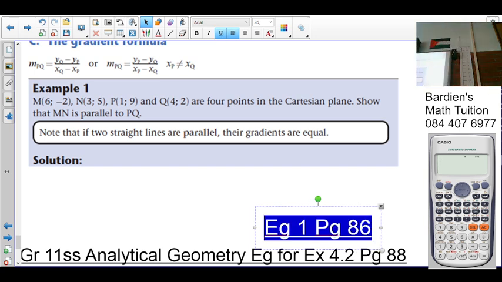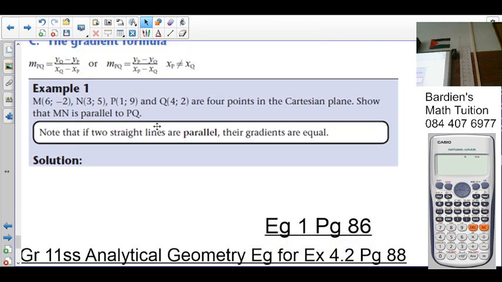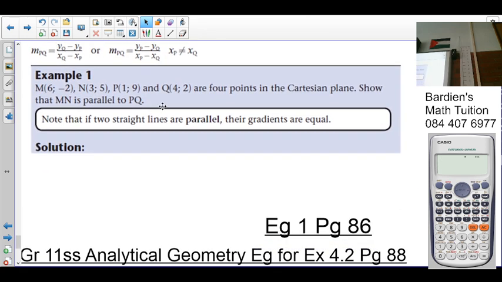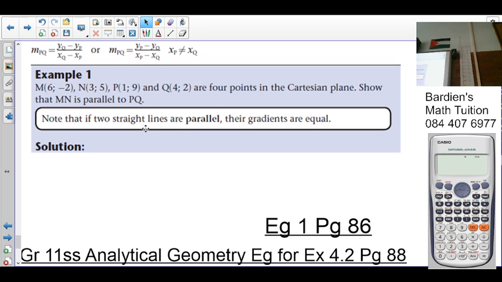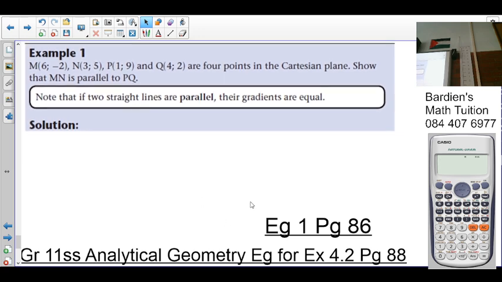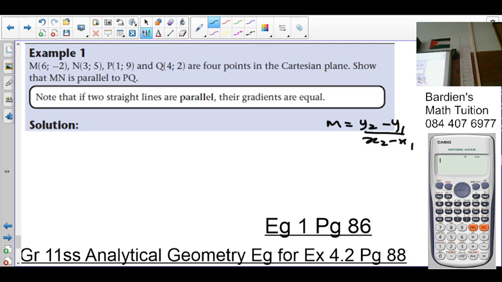Alright, so the gradient formula we have been exposed to in grade 10 and grade 9 as well. We know that the formula for gradient is y2 minus y1 over x2 minus x1. We also know that if lines are parallel, gradients are equal.